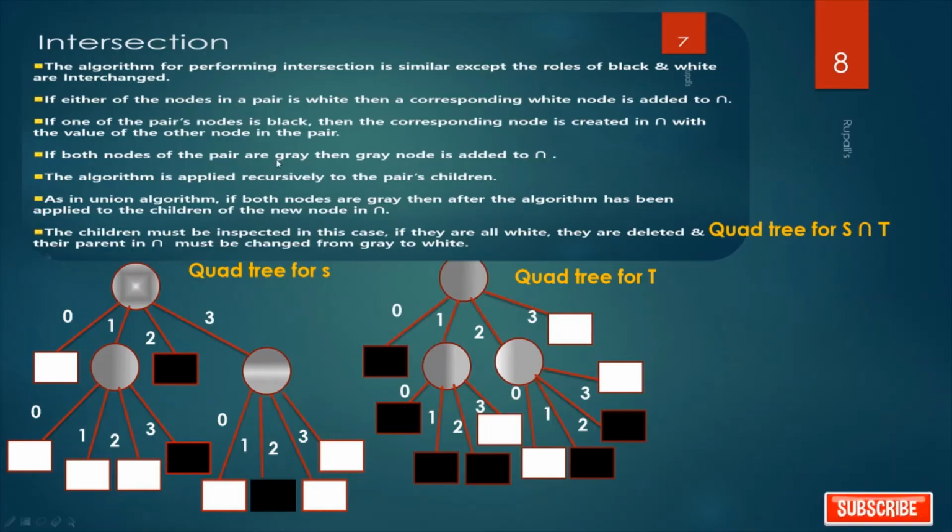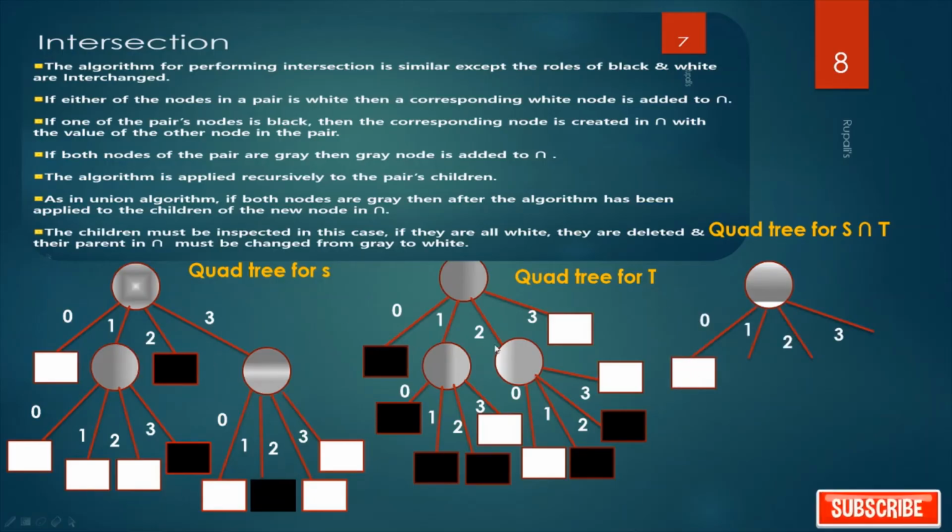If both nodes of the pair are gray, then a gray node is added to intersection. Now this one is white and this one is black. It's just the opposite. Means intersection and union are the same except the roles of black and white are interchanged. So white and black, so a white node will be added.